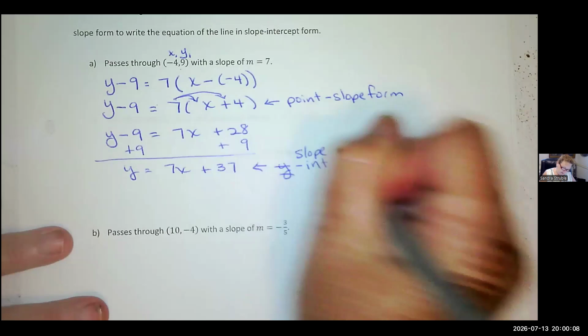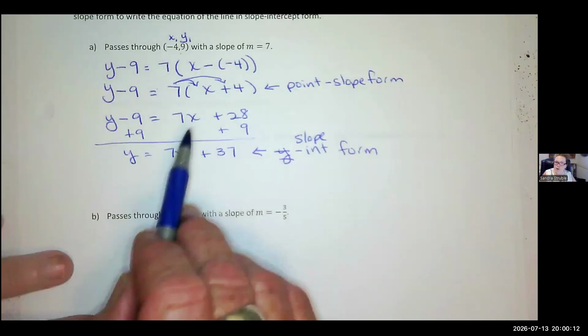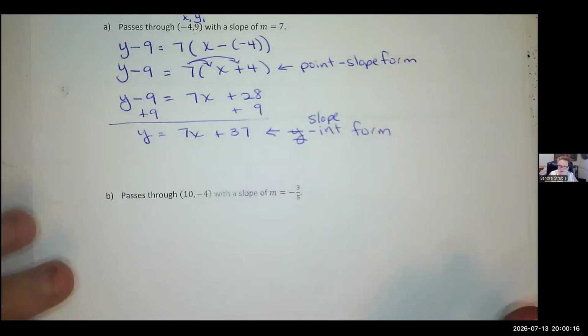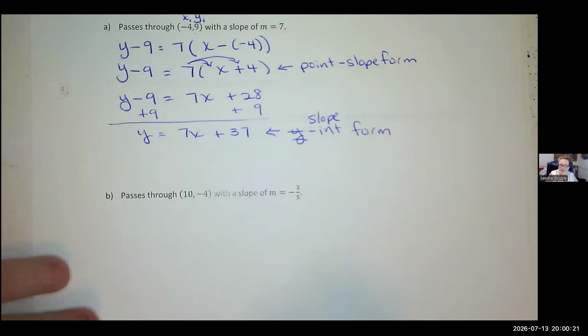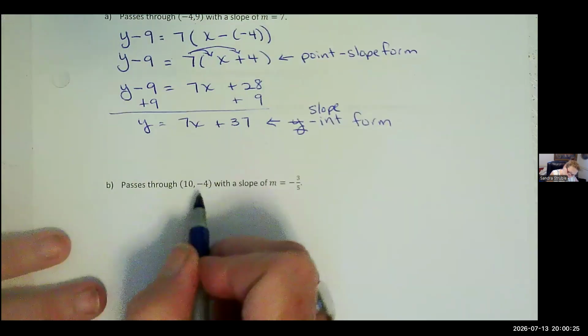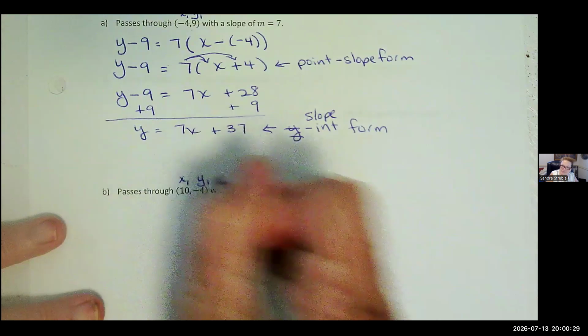All right. That's it. Let's do another one, just like this, before I show you the other method, just to make sure that you can follow. Passes through the point 10, -4. Now remember, this is x sub 1, y sub 1, and has a slope of -3/5.